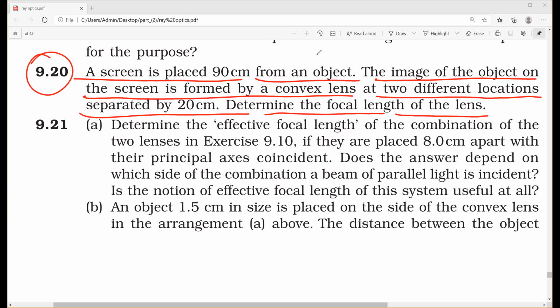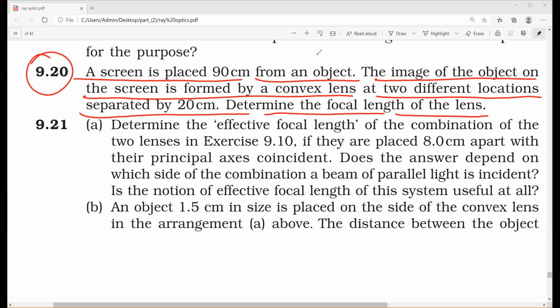Determine the focal length of the lens. So read the question, try to understand it. They asked to find the focal length of the lens, and the two locations are separated by 20 centimeters. So let us see how to solve this one.